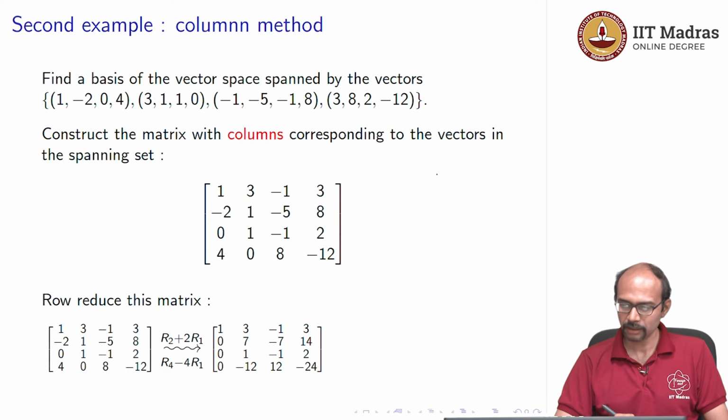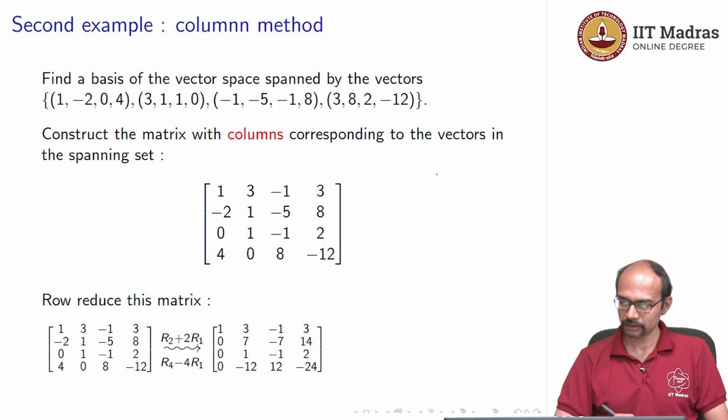Third row remains the same, and the fourth row you subtract 4 times the first row. So, that becomes 0 minus 12, 8 plus 4, which is 12, and then minus 12 minus 12, which is minus 24. So, this is what you get.